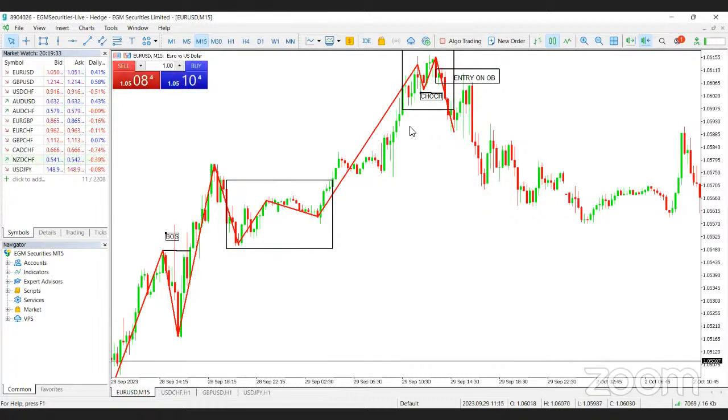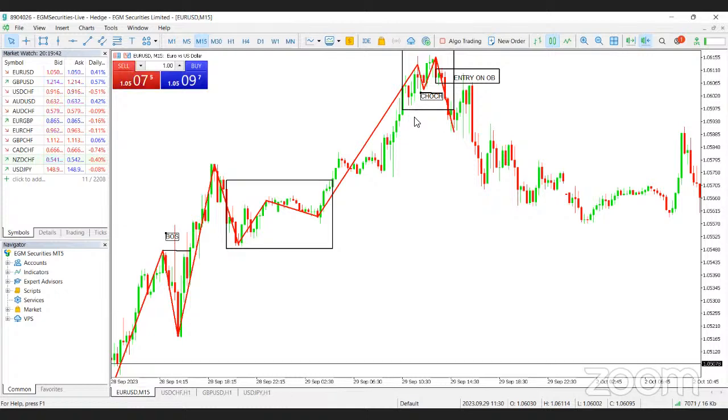So guys, I believe I have simply introduced you to the best way of trading, the simplest way of trading smart money concept or market structure, the simplest and the most basic way of using smart money concepts. I believe we will be talking more about this in our upcoming sessions.